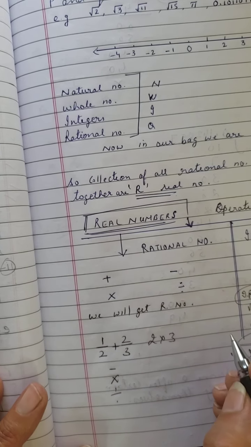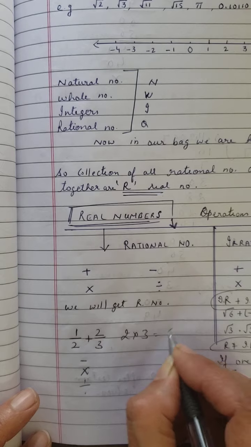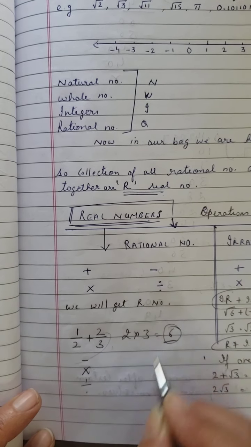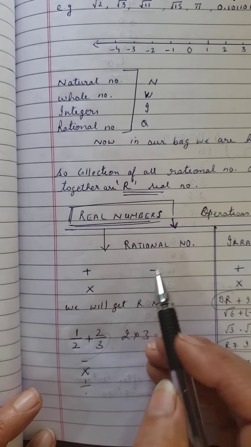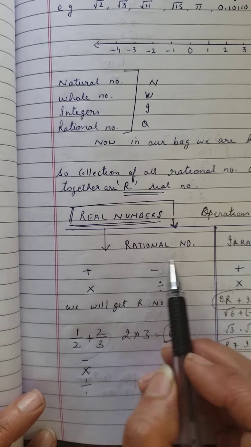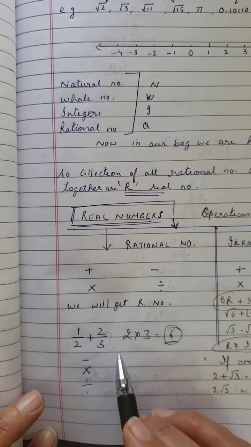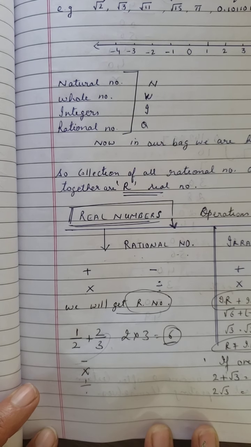So you are getting the answer as a rational number only, right? Like 2 threes are 6. If you take the LCM, this is how you will get your answer, and it will always turn out to be a rational number. Whenever you do any operations on a rational number with a rational number, you will always get the answer as a rational number.